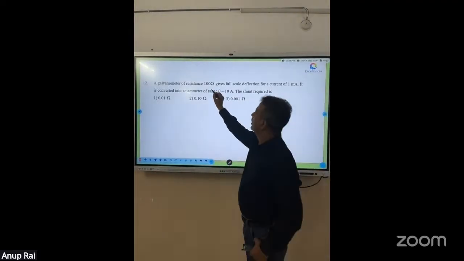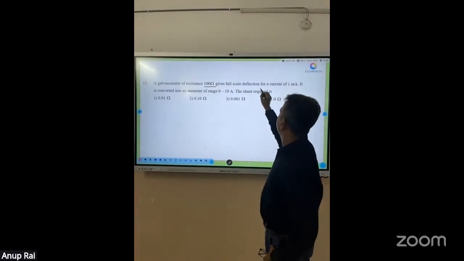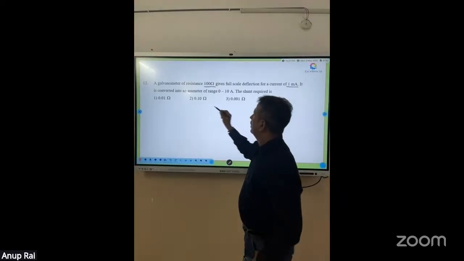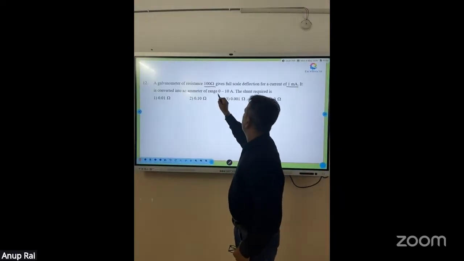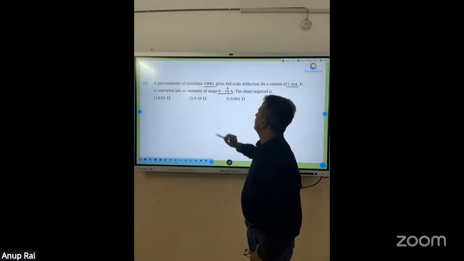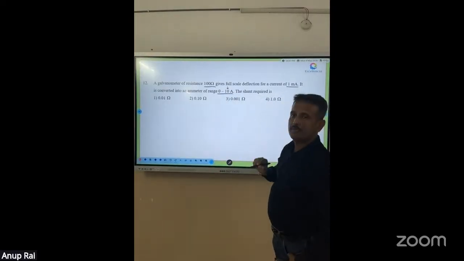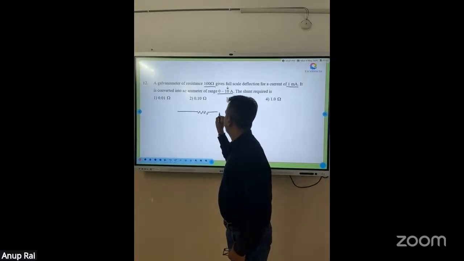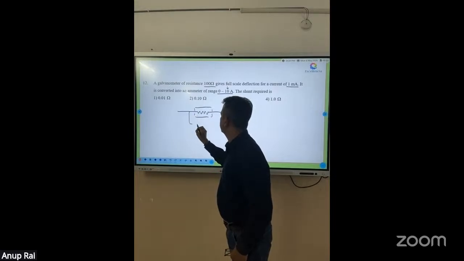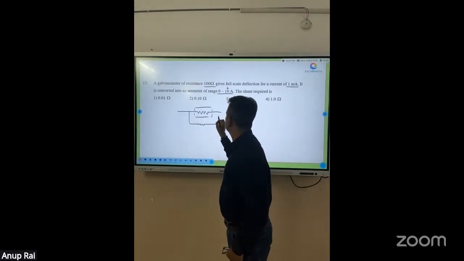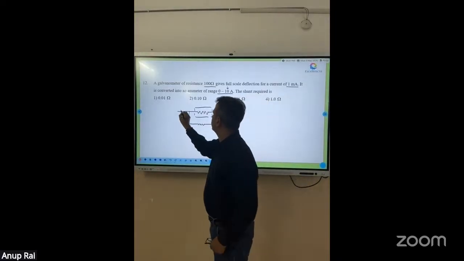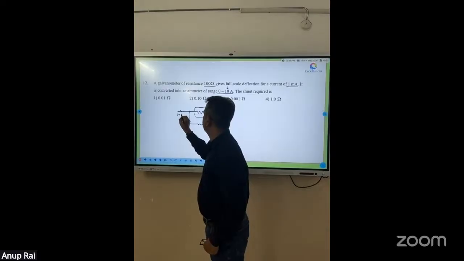A galvanometer of resistance 100 ohm gives full deflection for a current of 1 milliampere. It is converted into an ammeter which can measure 10 ampere current maximum. What shunt is required? If this is the galvanometer, we connect a shunt, a small parallel resistance, to convert it into an ammeter. The total current coming in is 10 ampere maximum.